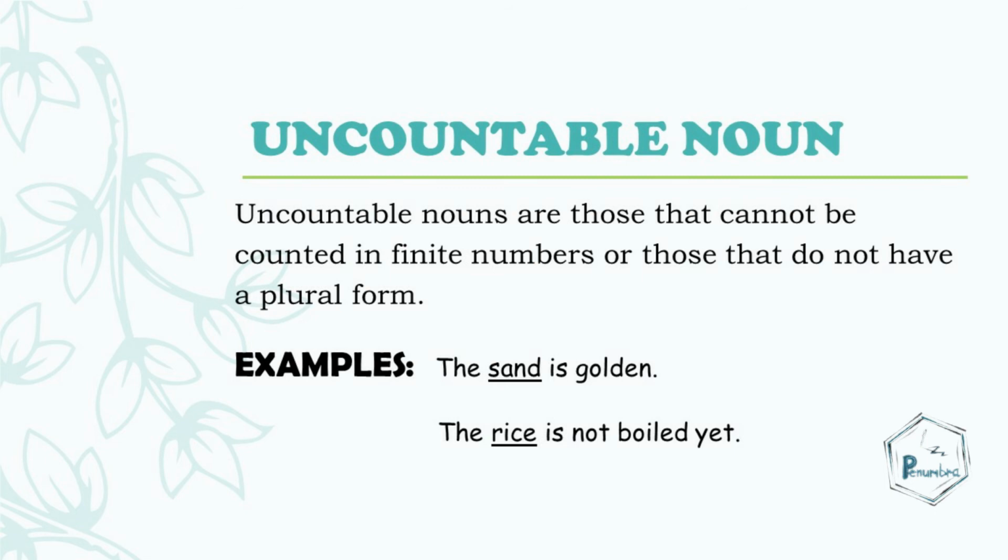The examples are given. The first example is the sand is golden. You cannot count sand. So sand here is an example of uncountable nouns. Similarly, the rice is not boiled yet. So the term rice cannot be counted as well. So it is also considered as an uncountable noun.